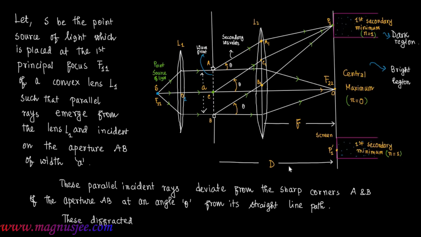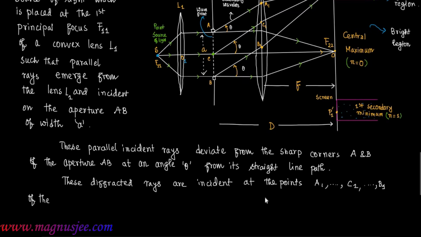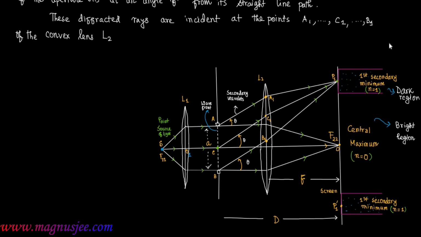Hence, these diffracted rays are incident at the points A1, C1, B1 of the aperture of the convex lens L2, and converge at the point P1 on the screen.